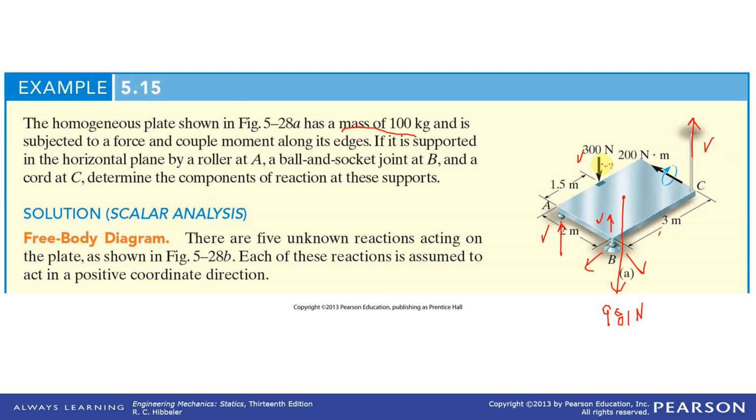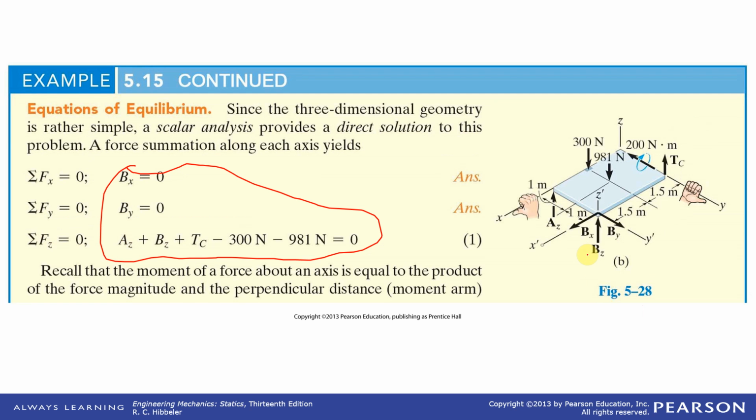These are the forces that are up and down. 1, 2, 3, 4. There's no other forces acting in the planar direction. So these two have to equal 0 right off the bat. BX and BY. BX and BY are 0 right off the bat.